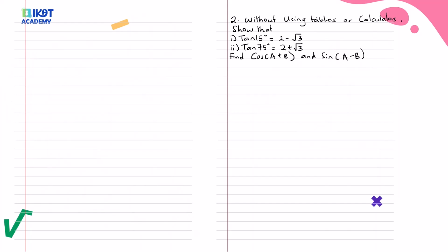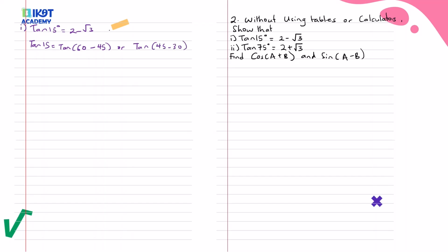Okay, now here we have a question saying without using tables or calculator, show that this is equal to this. So the first question here is telling us to show that tan 15 is equal to 2 minus root 3. So remember what I told you, that tan 15 can either be written as tan 60 minus 45, or tan 45 minus 30.